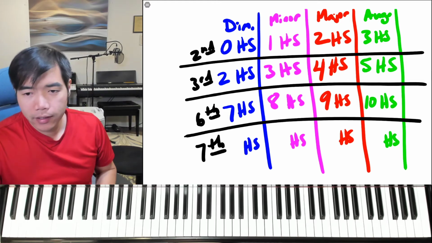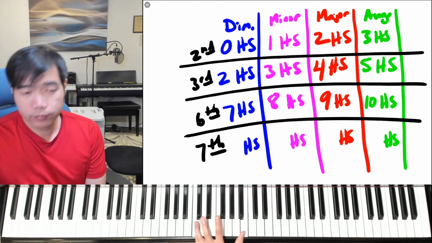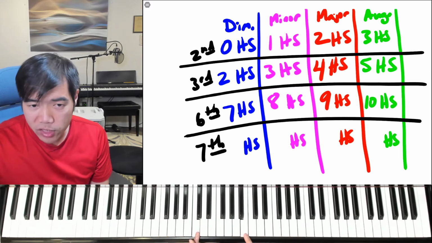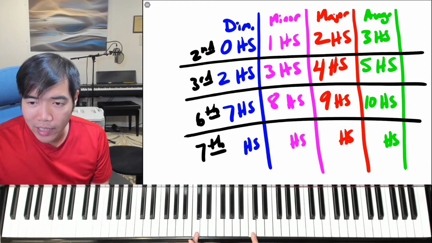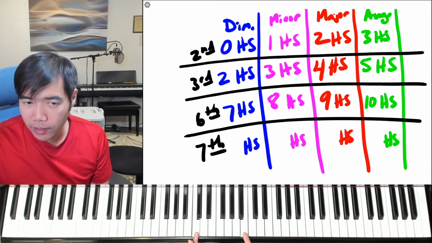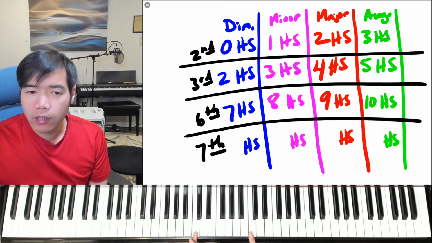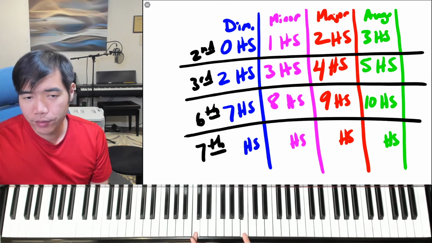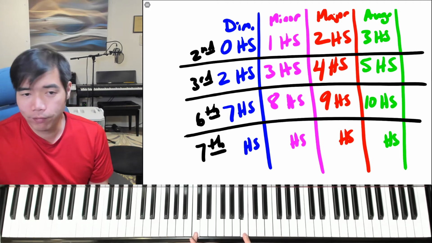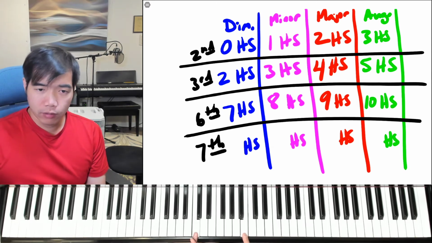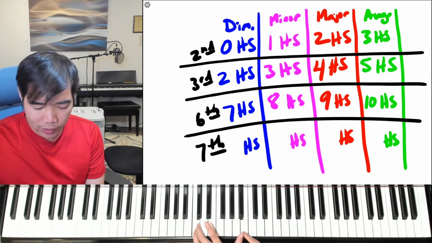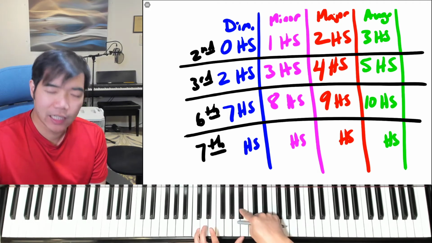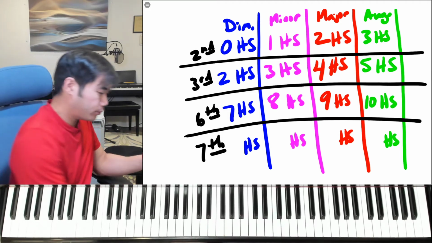And lastly, the major seventh. Okay, C to B. I want you to notice something. It's 1 half step smaller than an octave. So C to C, if you shrink that by 1 half step, you'll always end up with a major seventh. I think this is the fastest way to find a major seventh. But let's figure out how many half steps are in between these notes. 1, 2, 3, 4, 5, 6, 7, 8, 9, 10, 11.